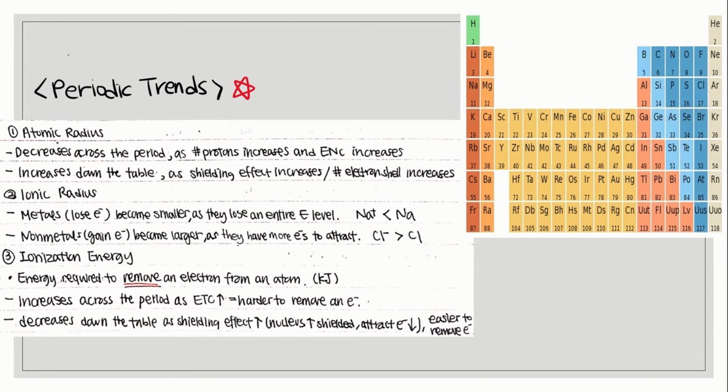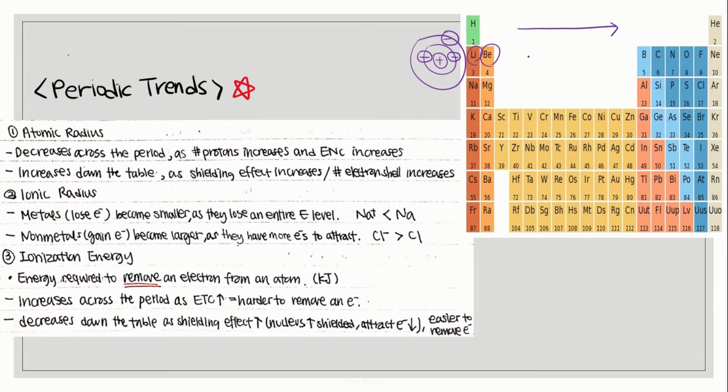So first is the atomic radius, and atomic radius decreases across the period. So if you go across the period, atomic radius will decrease because the number of protons will increase and effective nuclear charge will increase. For example, for lithium and beryllium, lithium has 2 electrons in the first energy level and 1 in the second energy level.